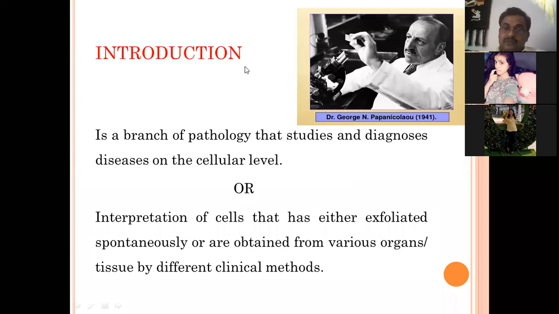Nephrons have different types of epithelial cells. The urinary bladder has different types of epithelial cells. The ureters have different types of epithelial cells. The urethra has different types of epithelial cells. So once you collect these cells, you must first know where they have come from.